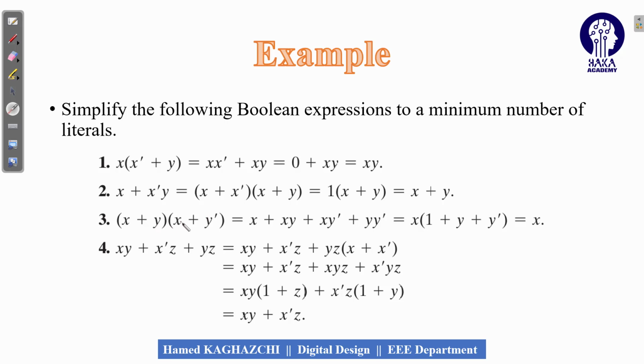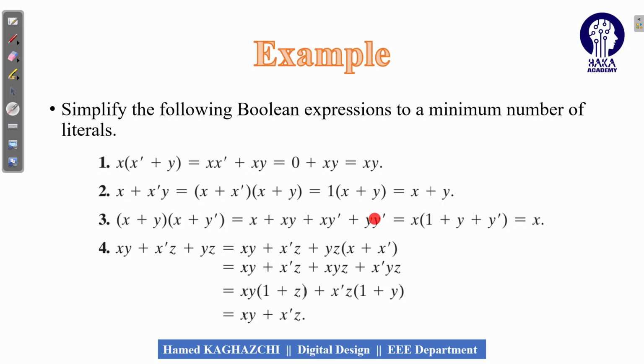So it means that instead of these two parentheses, I can write x or y prime. So y prime is equal to 0, x or 0 is equal to x. Or you can do this one in this form. If I multiply these two parentheses together, x or x is x, xy, xy prime, and also y prime.